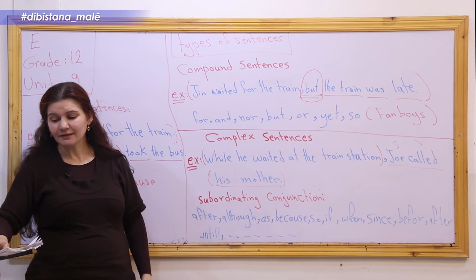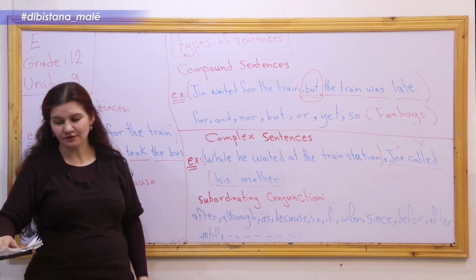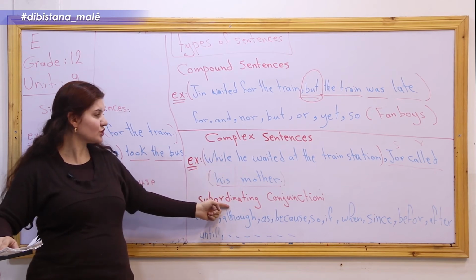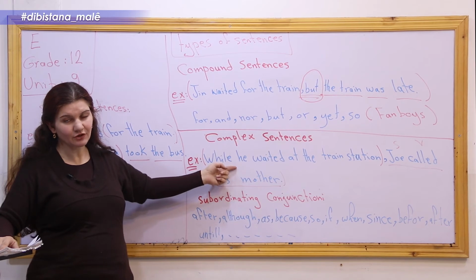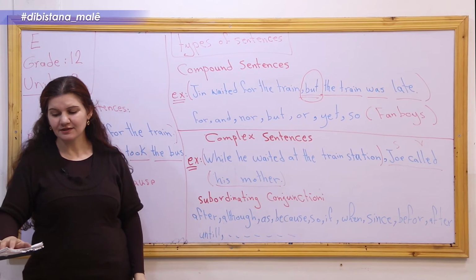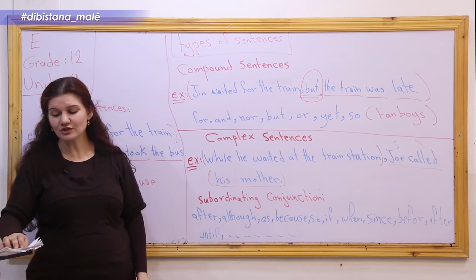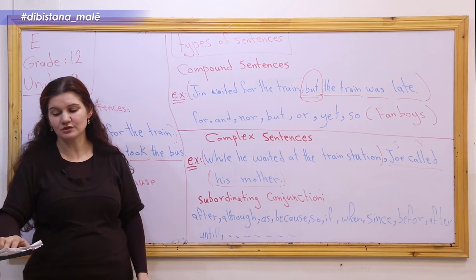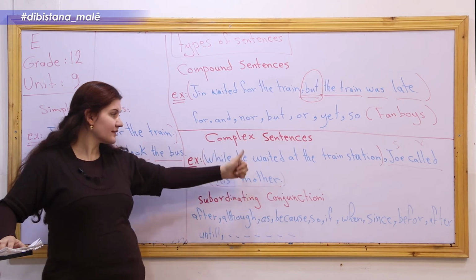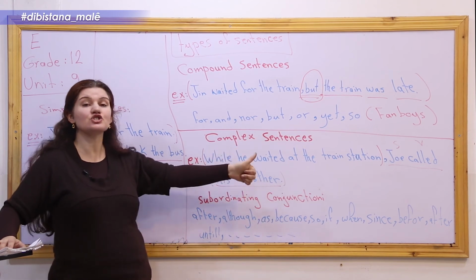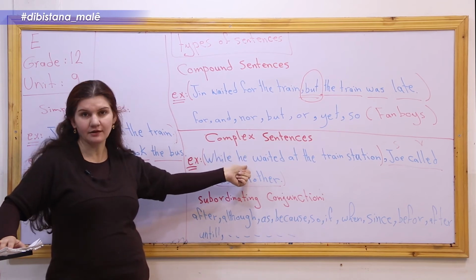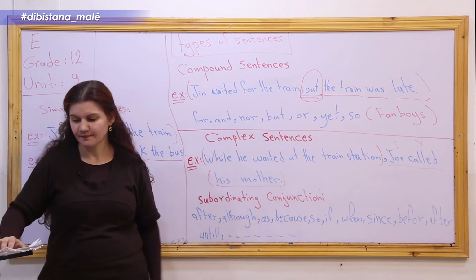A dependent clause always begins with a subordinating conjunction. A complex sentence joins an independent clause with one or more dependent clauses.